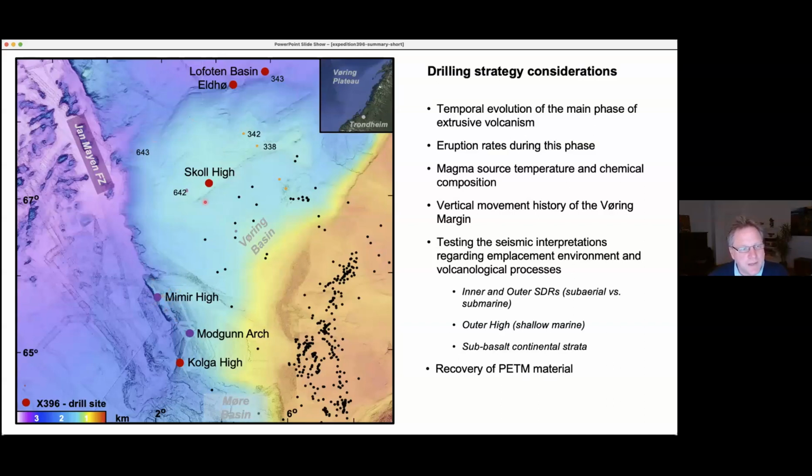Then we drilled the main phase of volcanics on the Skoll High, which is basically the upper end of the seaward dipping reflectors. And then we went into the Lofoten Basin to drill the late stages of the volcanism, the outer highs and the outer seaward dipping reflectors.